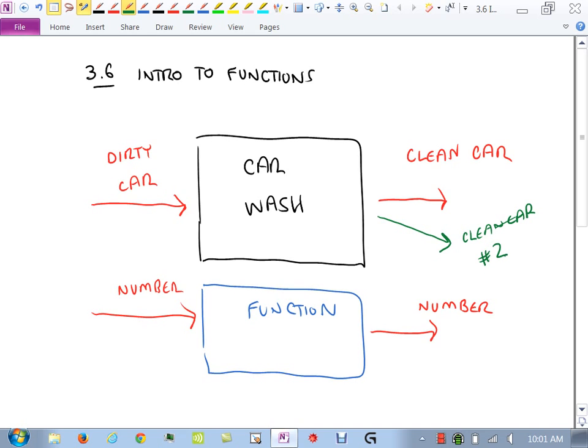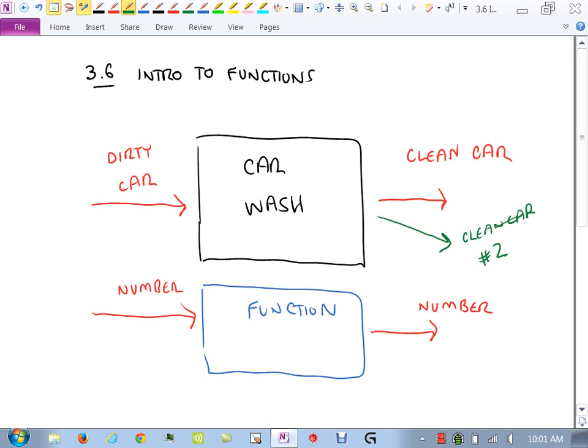Look at what that is saying. I put one dirty car in, and what comes out the other side? 2 clean cars. That would be a great business model if you could make it happen, but that's not going to work.